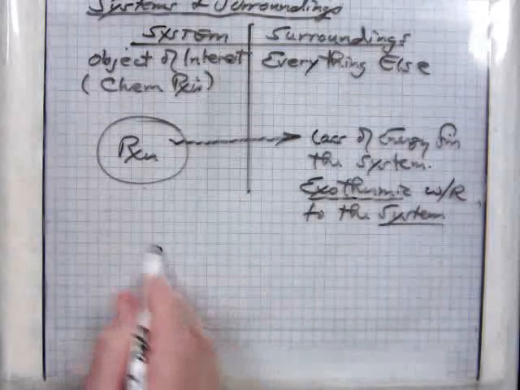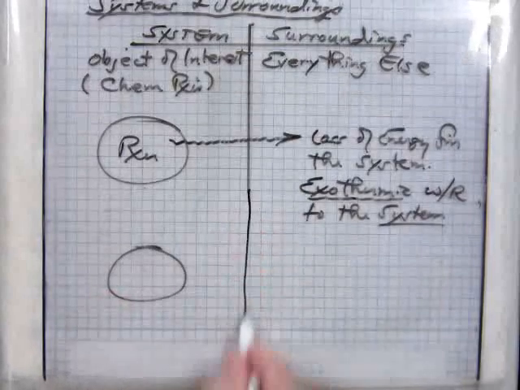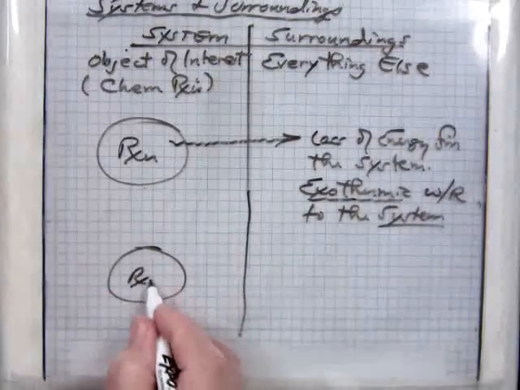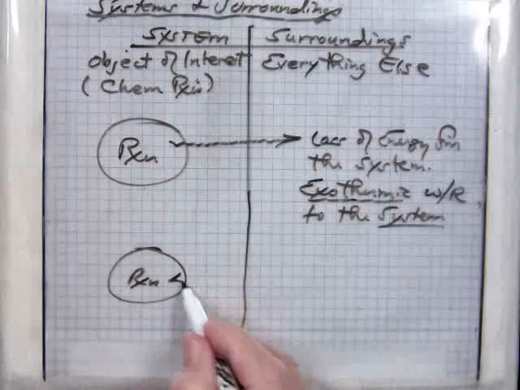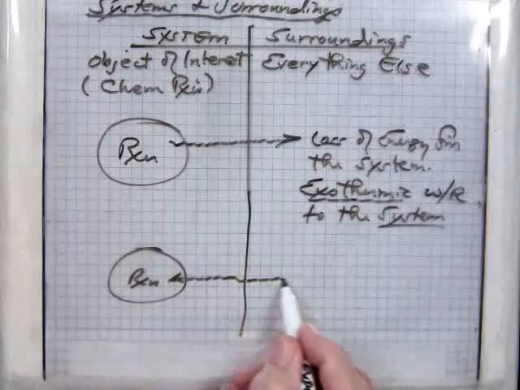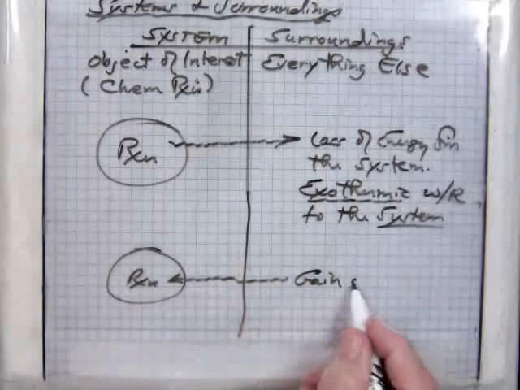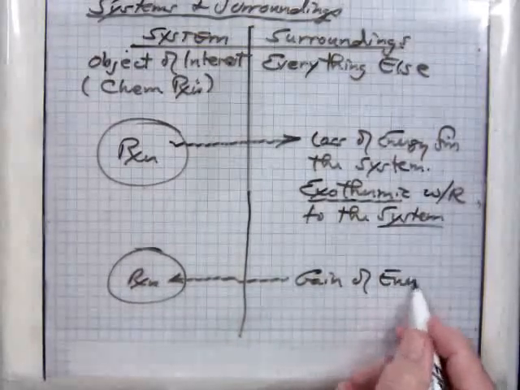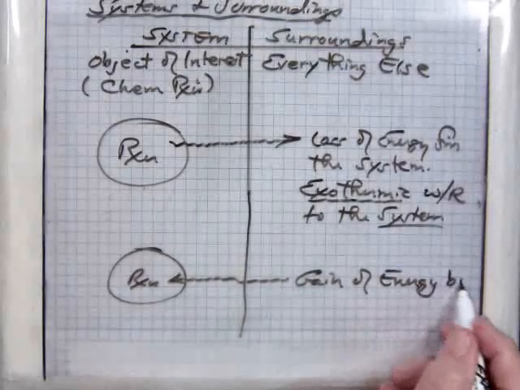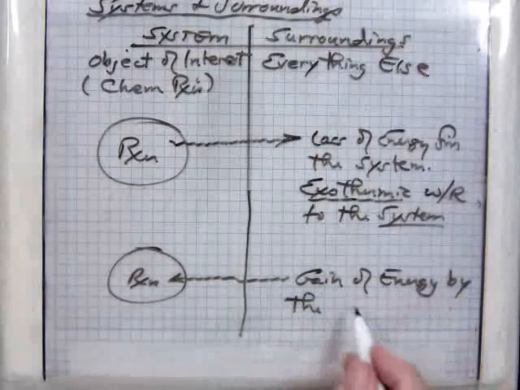And of course, if you have the same consideration down here for a reaction where energy is coming into the system from the surroundings, this would be gain of energy by the system.